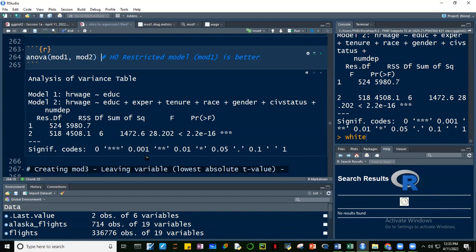Significant at 0.1%. We reject this null hypothesis. I-reject natin yung null hypothesis na si restricted model, which is Model 1, is better than Model 2. Therefore, statistically, we can show that Model 2 is better than Model 1. Nakita natin via AIC, via BIC, and via ANOVA.